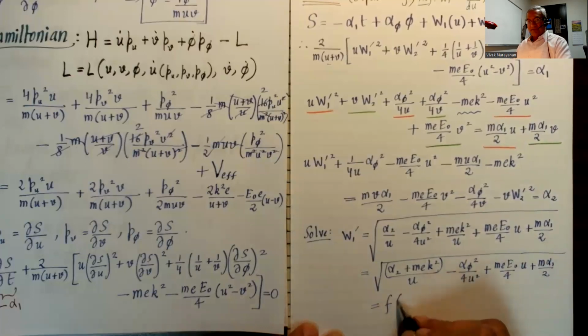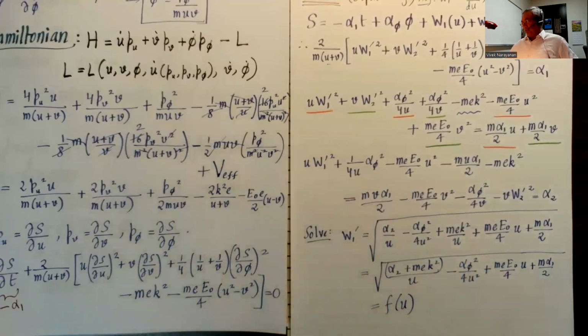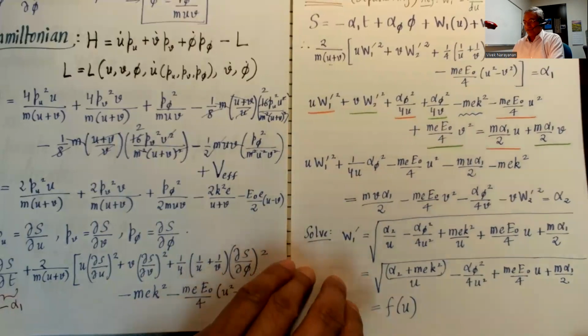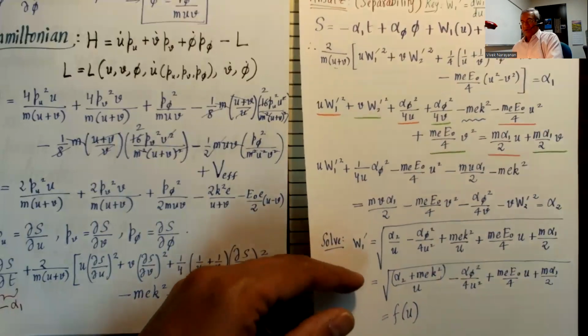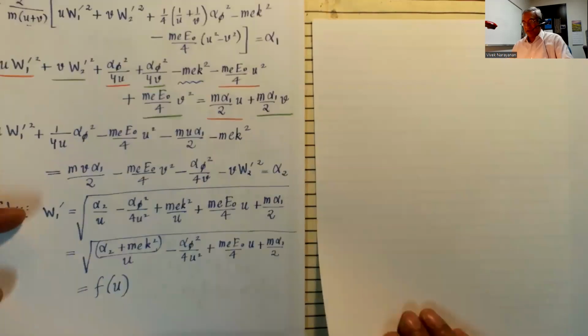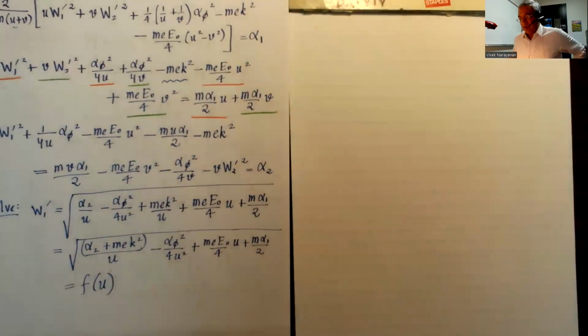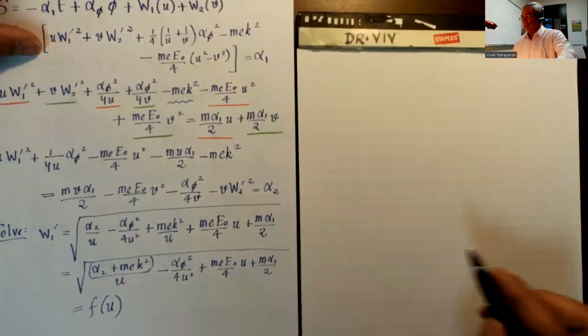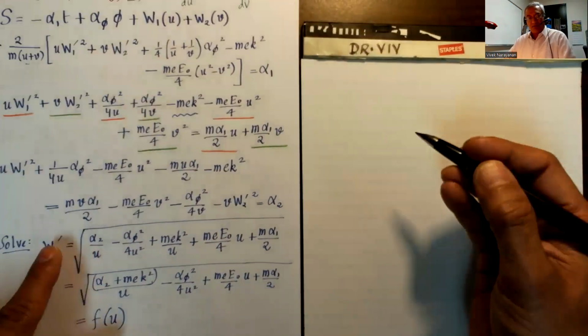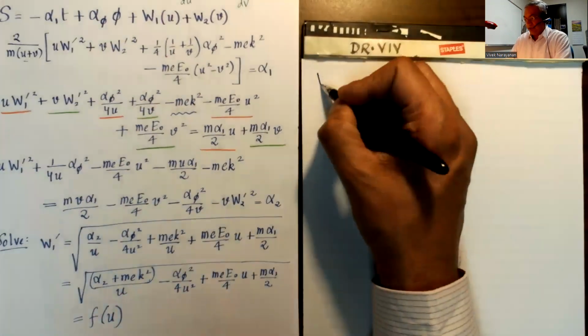I'm just going to call this f as a function of u because I'm not going to actually bother doing all the mathematics. I'll indicate the steps. If you're interested in the full details, you can, of course, look at Karl Schwarzschild's great paper. But I'm mainly giving you the flavor of this problem, since doing this problem in full detail will take several hours. So once you have W1 prime equals f of u, you can immediately find W1.